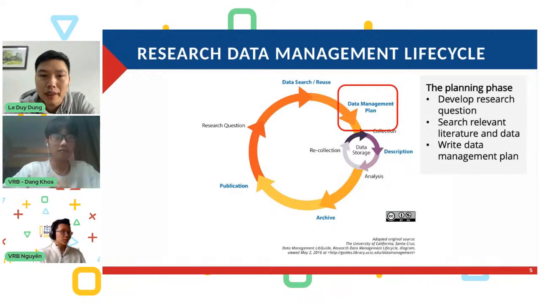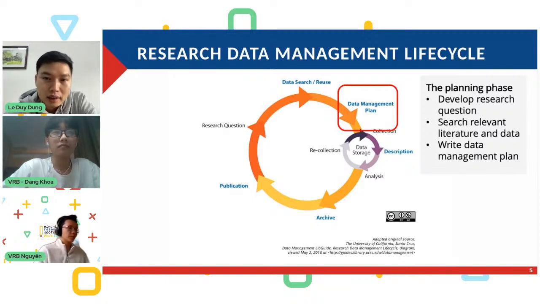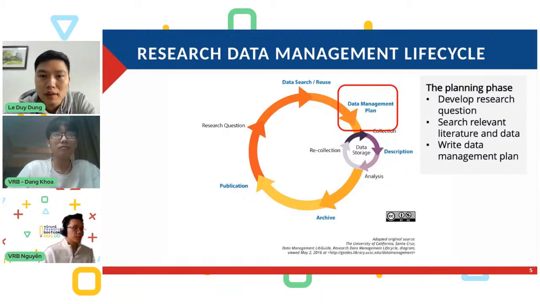So the first phase we call the planning phase, right? That is when we develop research questions. And I like the last sentence from the video, which is, we are interested in the research question, and then we go identify relevant data that could help us answer that research question. So in the planning phase, you first need to have your research question, right?